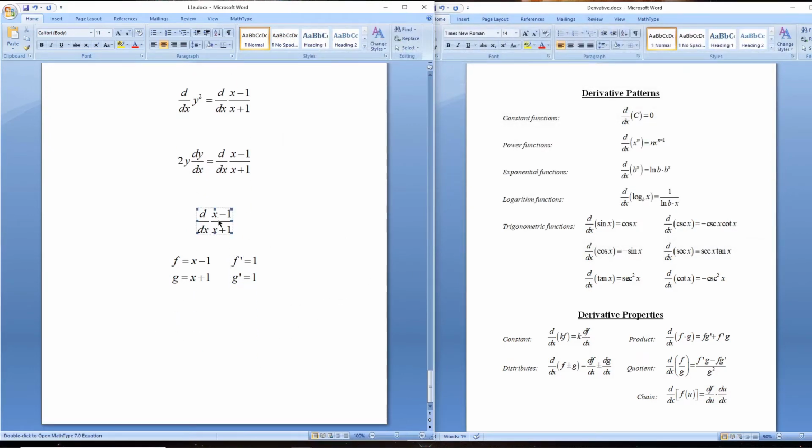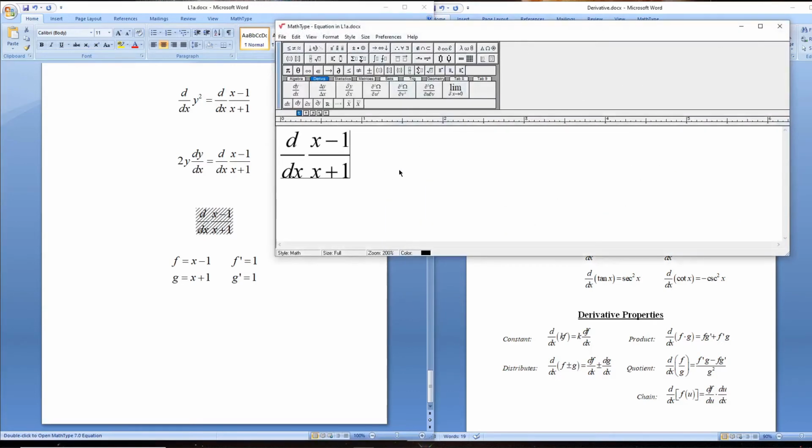And let's put those together now to get our quotient rule. So again, we got the quotient rule bottom right here. So we have f prime, which is 1, times g, which is x plus 1. And then this is minus, since there could be multiple terms here, let's be cautious and use a parentheses because of this minus sign right here.